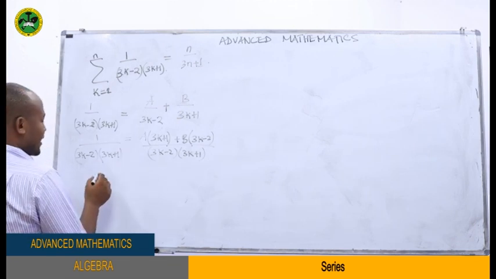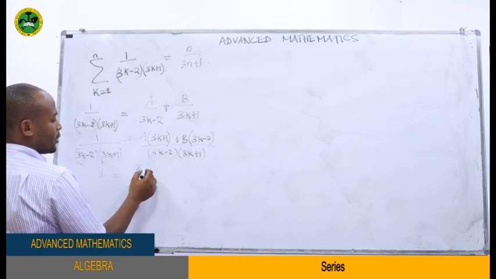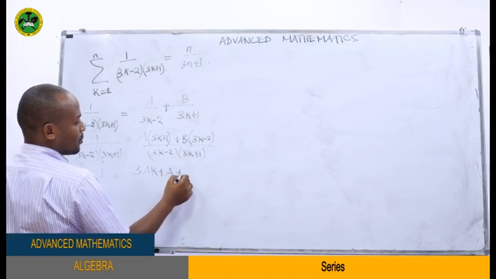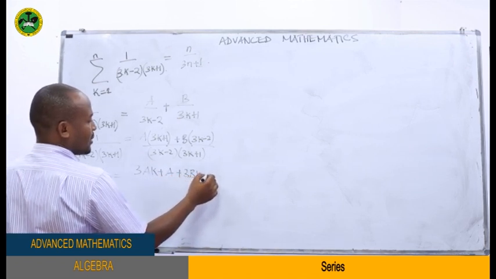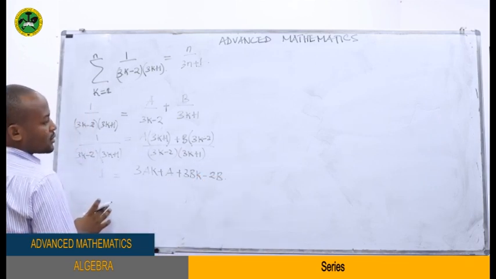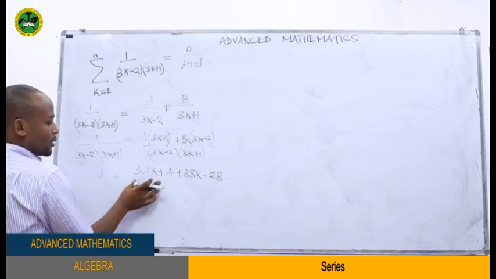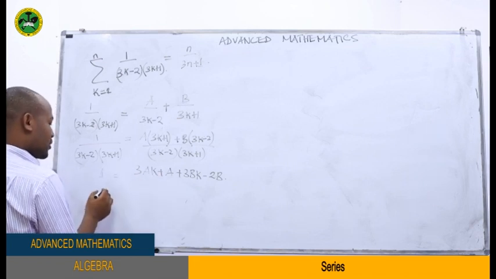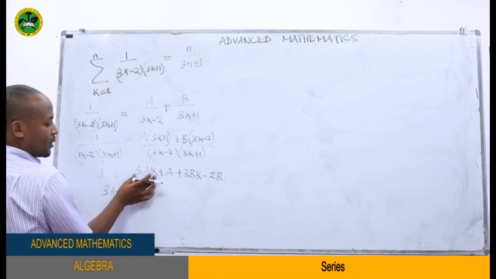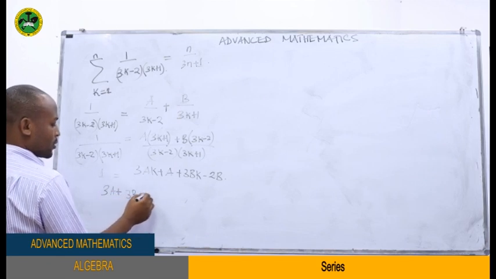So I will open that directly. We have 1 which equals to 3Ak plus A plus 3Bk minus 2B. If you can't open directly, please just follow the rules and open that. So collecting like terms, the coefficients of k give 3A plus 3B, which equals 0.